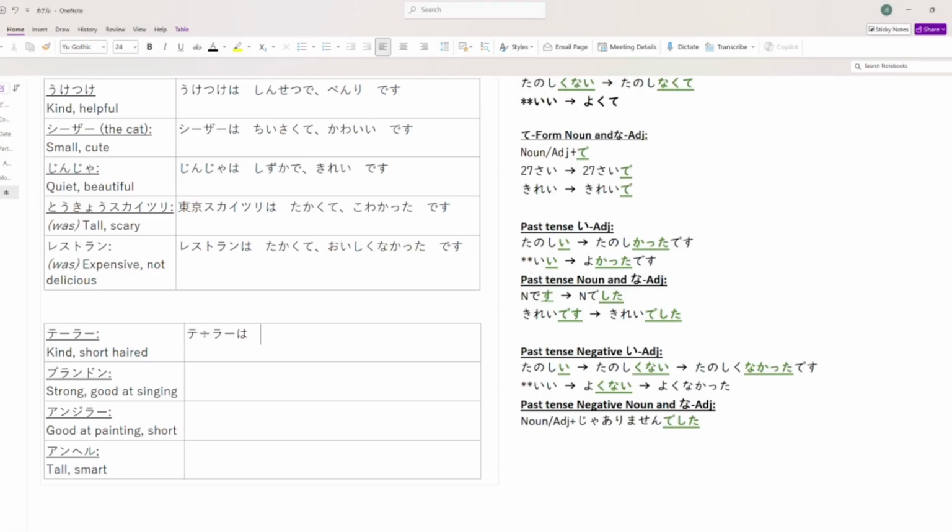I think I closed the tab, but I still have your link. Just a second. Kind, shinsetsu. Tata wa shinsetsu.